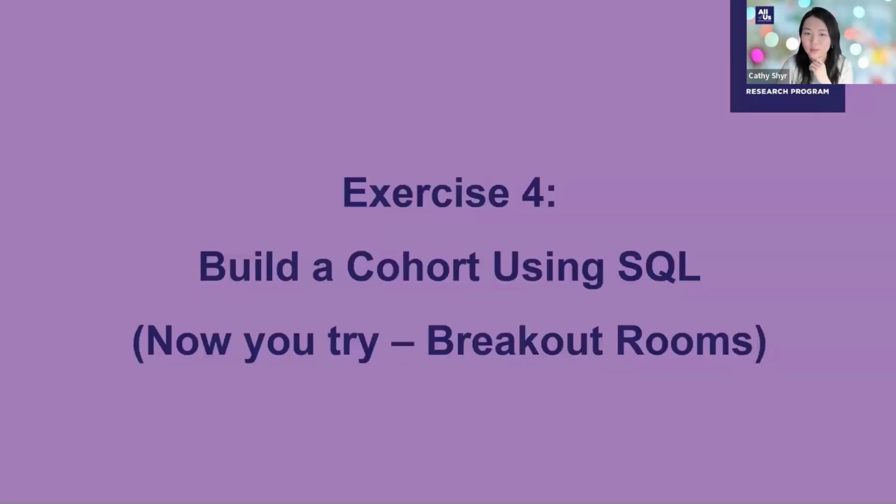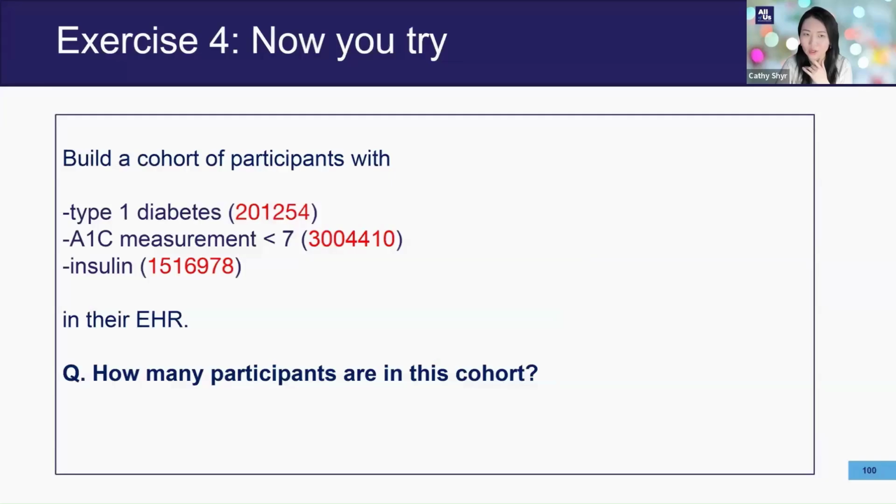Okay, so considering the time, we're actually going to skip the breakout room for exercise 4, but just to give everyone an overview of what this exercise entails. For this one, I want everyone to try using their Jupyter notebook to build a cohort of participants with, instead of type 2 diabetes, type 1 diabetes, and then A1C measurement less than 7, and also insulin in their EHR.